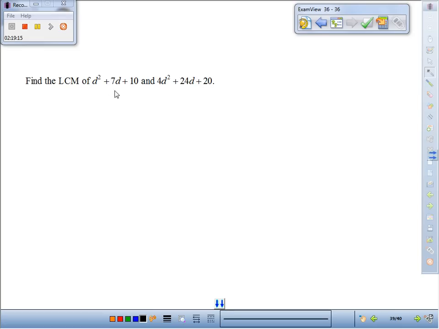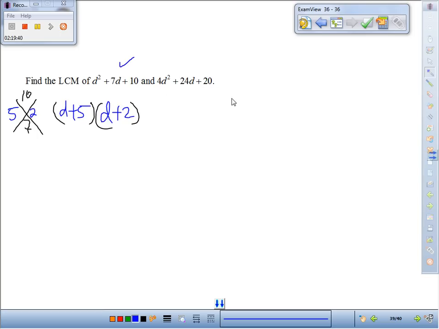Let's start with this first trinomial. We need to factor it. Do we have a GCF? No. We open two parentheses. Power Ranger. We got 10, 7. My factors are 5 and 2. D plus 5. D plus 2. We're done with this one.